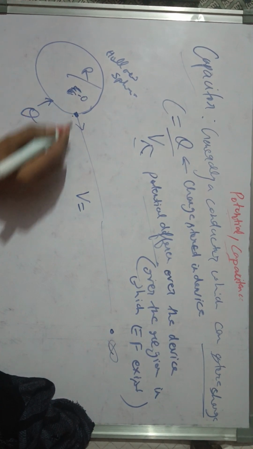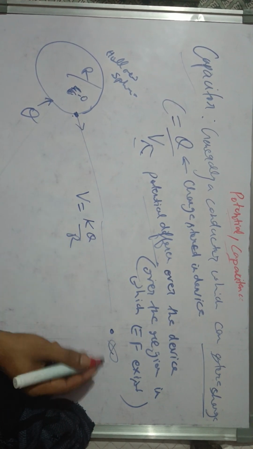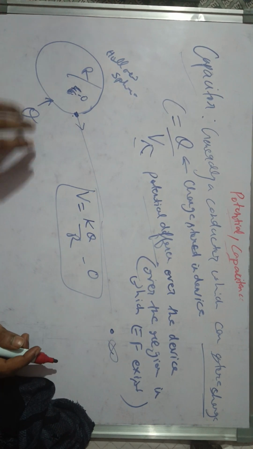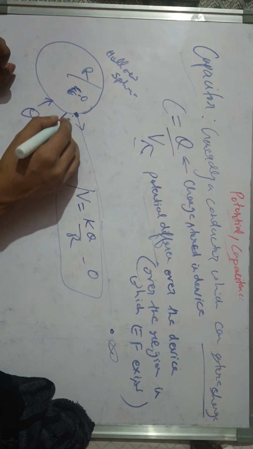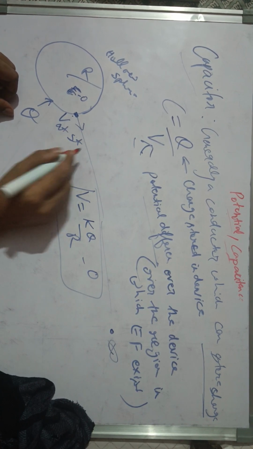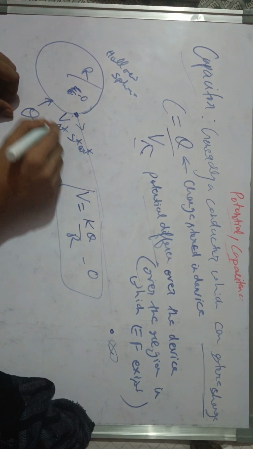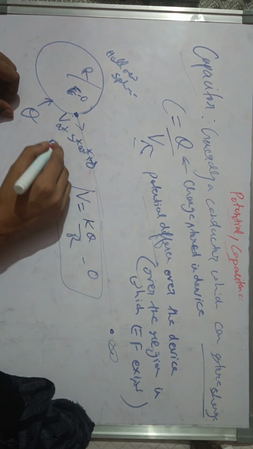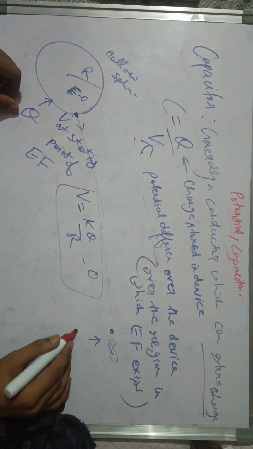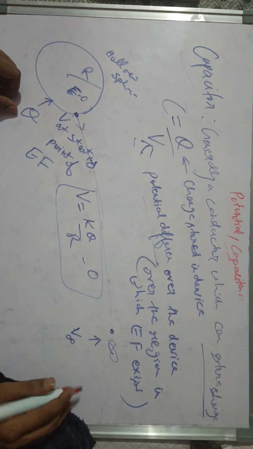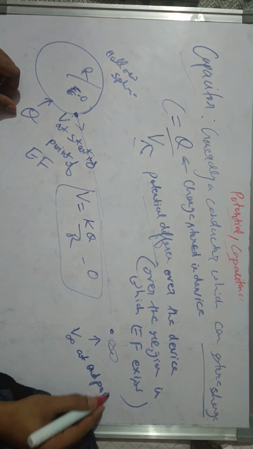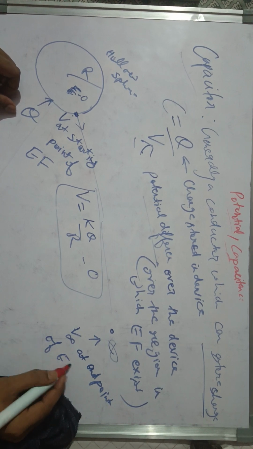The potential at this point is kq by r. Potential at infinity is 0. So the potential difference for this device will be potential V at the starting point of the electric field, and this is the V infinity at the end point of the electric field.